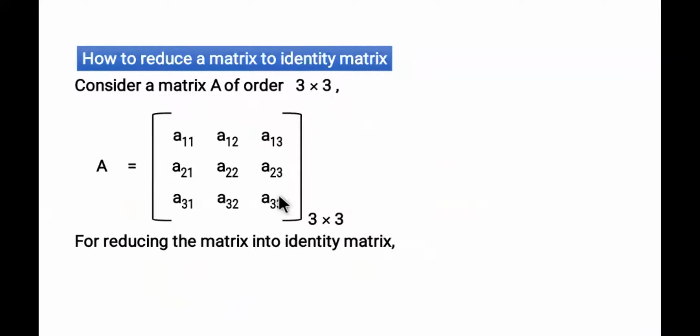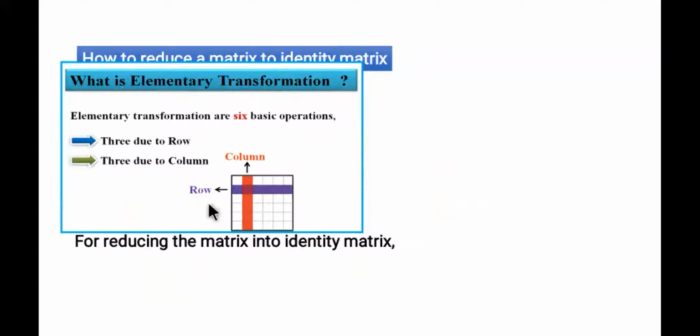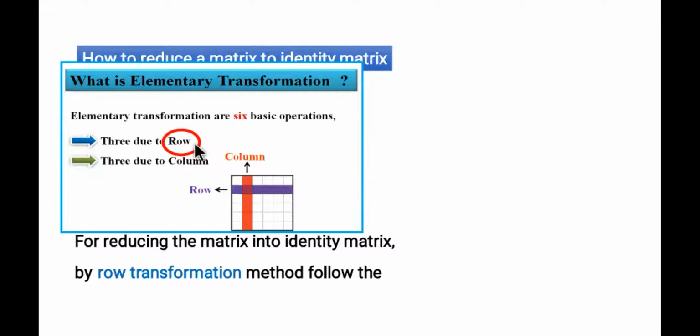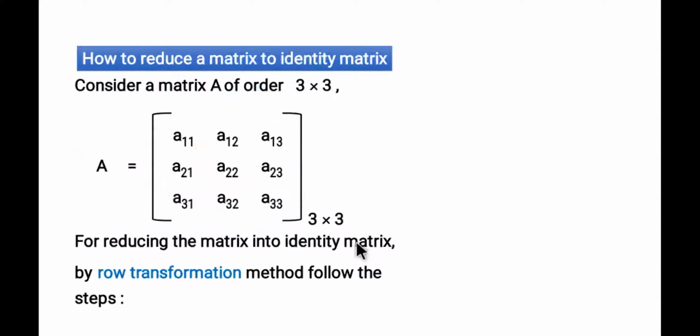For reducing, you're going to use the elementary transformation method. That means you're going to use the 6 basic operations which I have taught you all. By the row transformation method, we are going to reduce the matrix into an identity matrix.